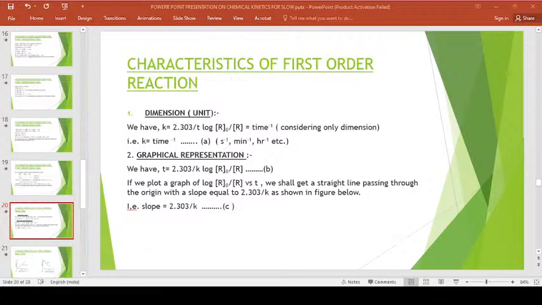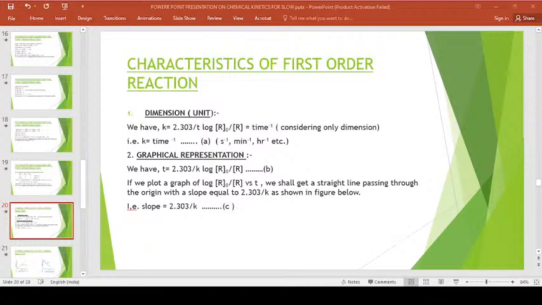This equation is called the Arrhenius equation, which shows the temperature dependence of the rate constant of a reaction, and it was given as k equal to A into e to the power minus Ea by RT. Let it be equation number 1, where small k is the specific rate constant, and Ea is activation energy.